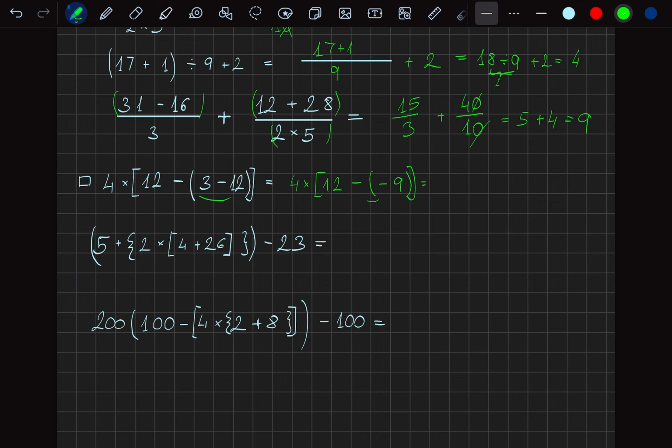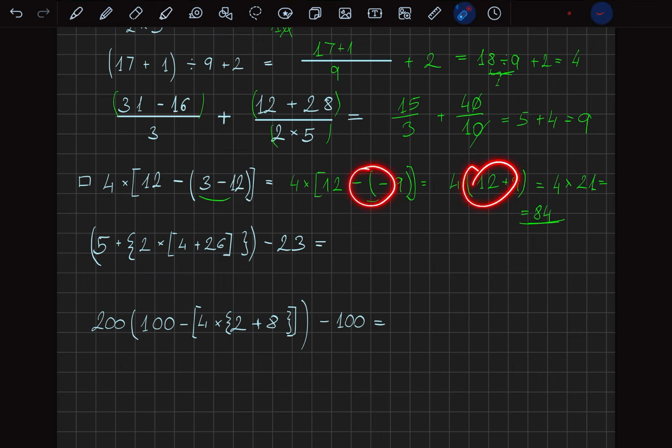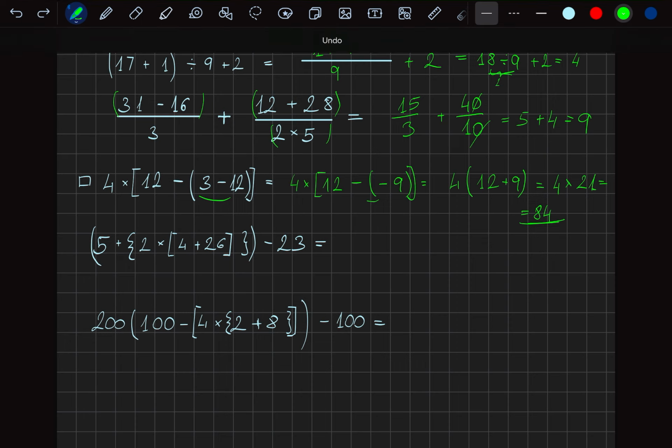So I will just do 4 times 12 plus 9, 4 times 21, so it's 84. Okay, just like this. Every time just one step. Tuck, tuck, tuck. Inner brackets, multiplication, and just like this.